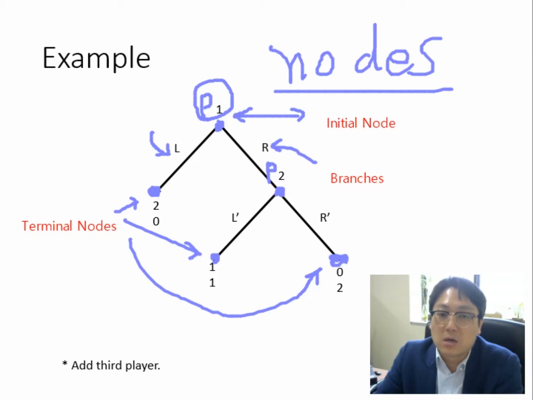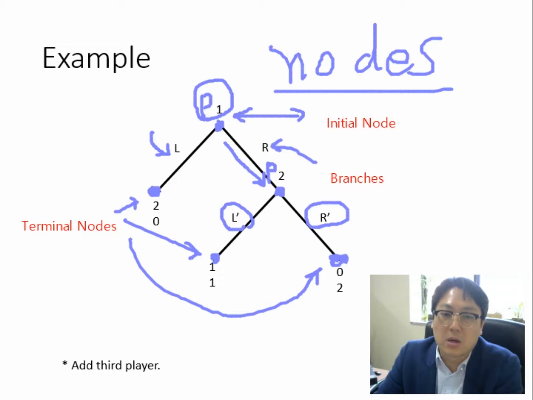If the first player chooses L, then we are here and the game ends, and the players will get their payouts. The first player will get 2, the second player will get 0. If the first player chooses R, then the game proceeds and the second player will face a choice between L prime or R prime.